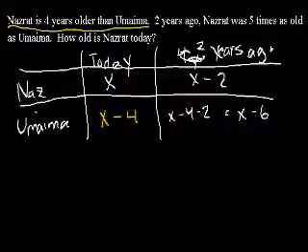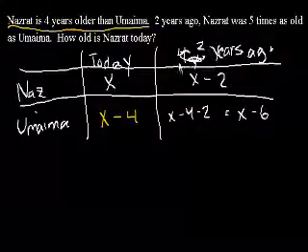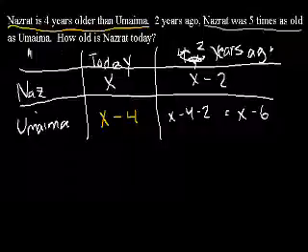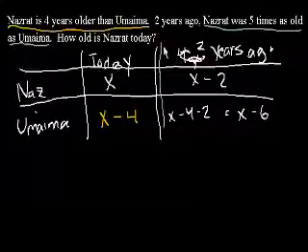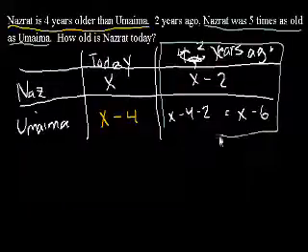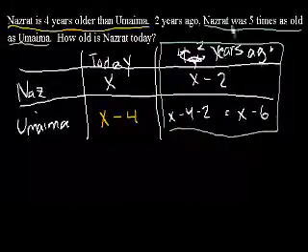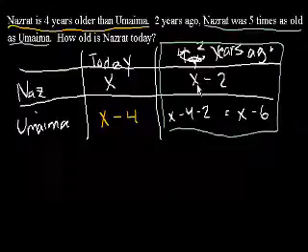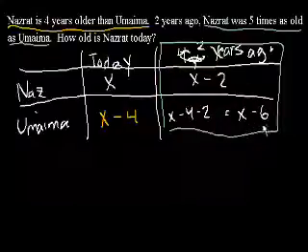Now we have one final piece of information in this problem. It says 2 years ago, Nusrat was 5 times as old as Umama. So 2 years ago, Nusrat, which is X minus 2, was 5 times older than Umama, which is X minus 6.